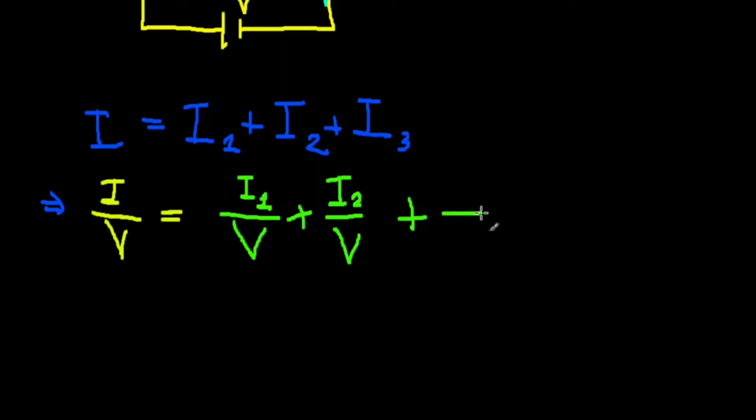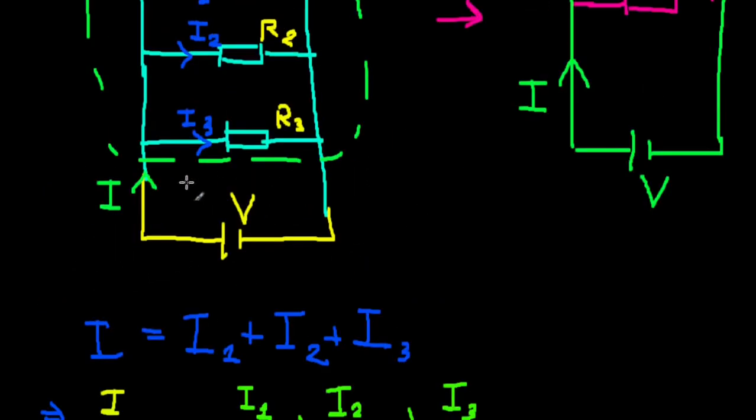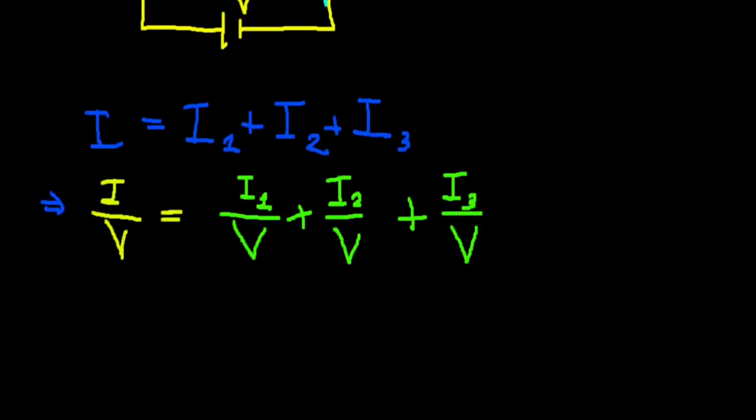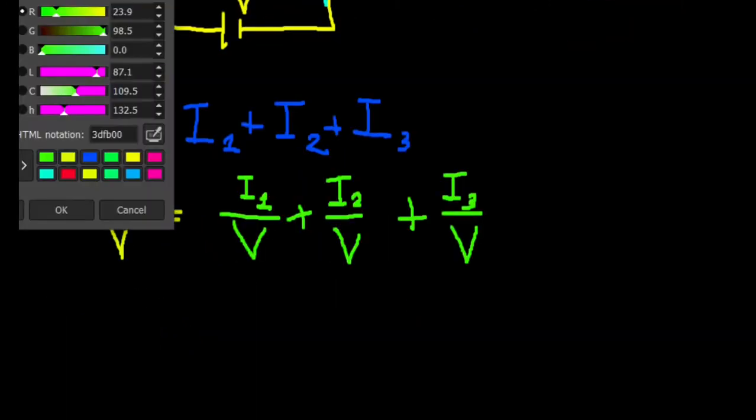That's really not looking good. I'll try to make it better. Might have to take a break. So anyway, we have I1 by V plus I2 by V plus I3 by V. All right, so it doesn't look as obvious as it was with the series combination, but let's look at something.